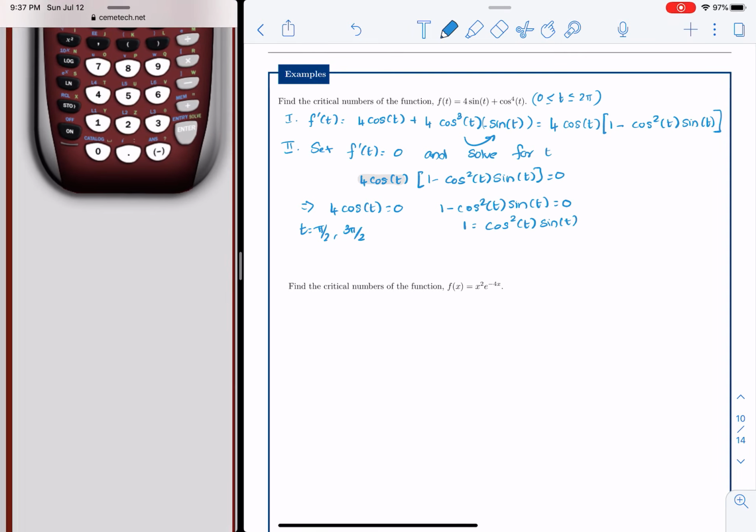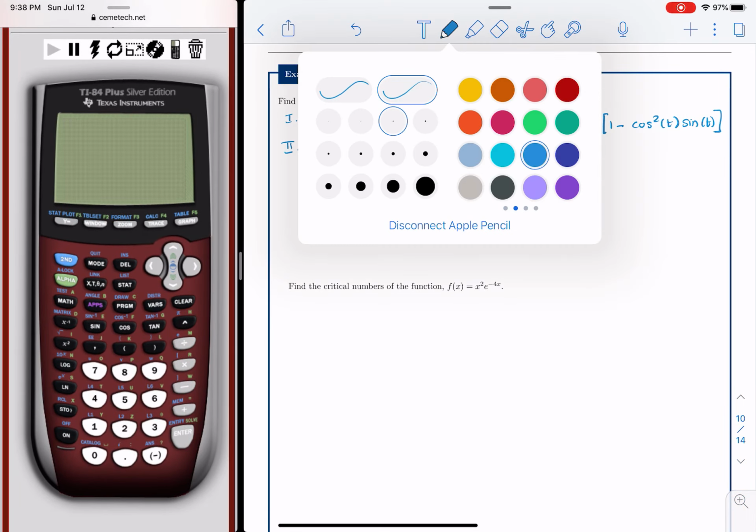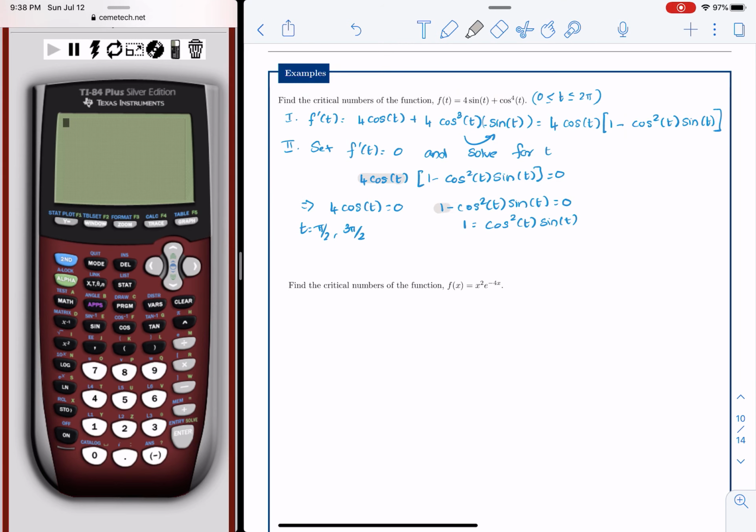So what we are trying to do is find the zeros of this function. We are trying to find where 1 minus cosine squared t times sine t equals 0. So I'm going to plug in that expression, 1 minus cosine squared, which is simply cosine t squared multiplied by sine t.